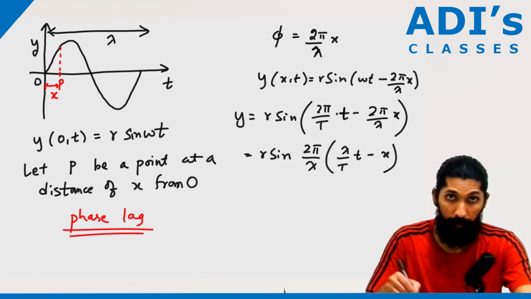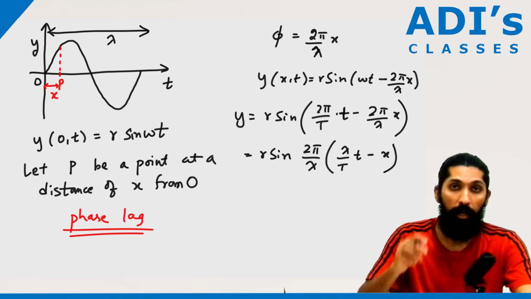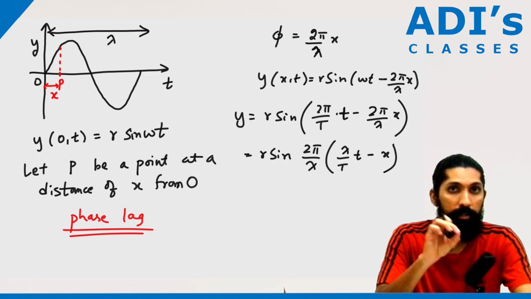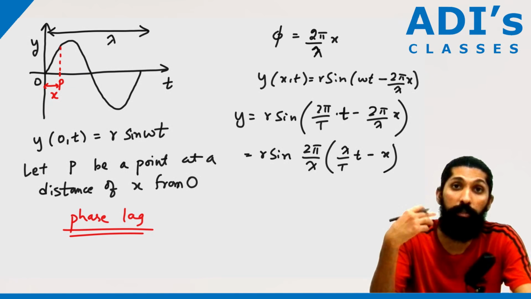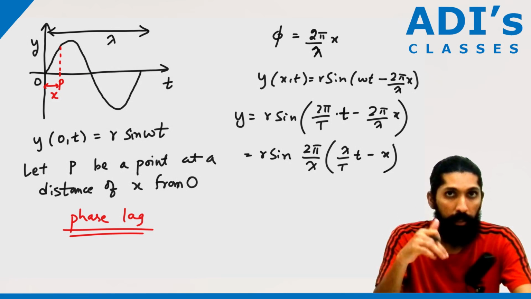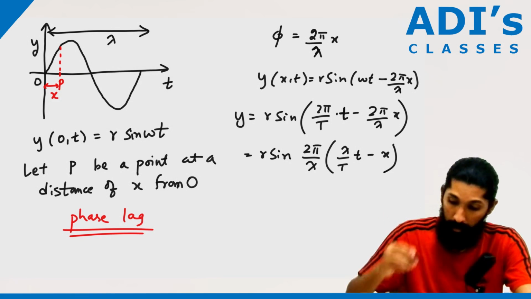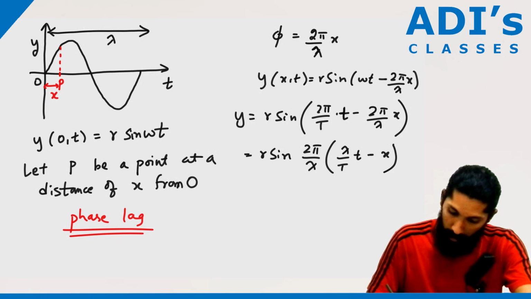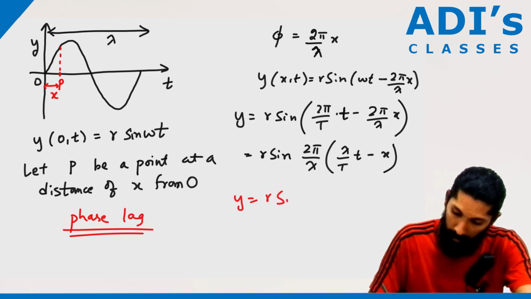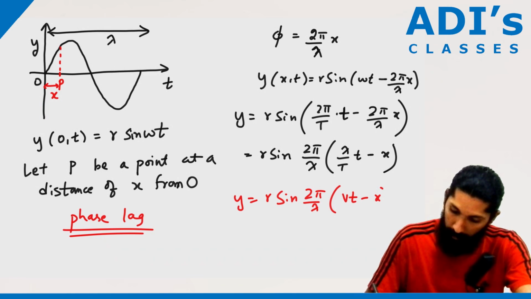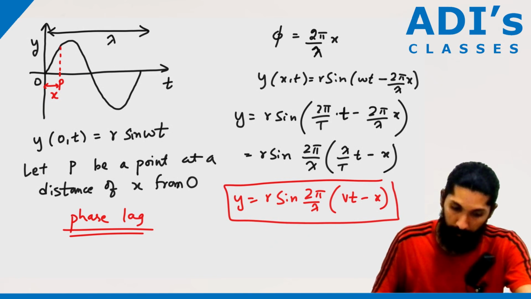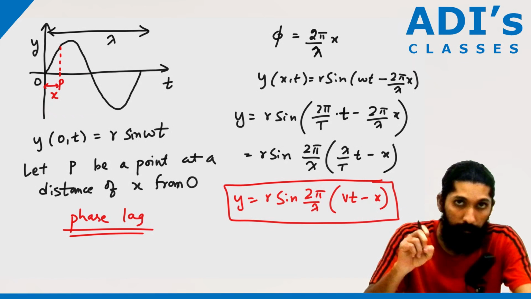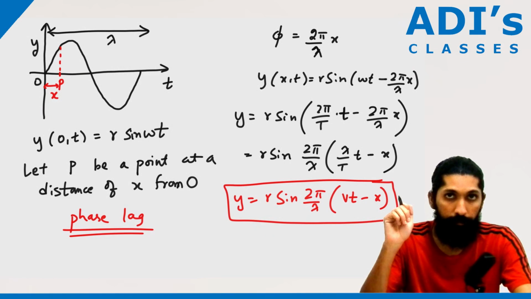Correct? Lambda is the wavelength, T is the time period. Wavelength by time period gives you the velocity. That means here we get y is equal to r sine 2 pi by lambda into vt minus x. This becomes one of the equations for a progressive simple harmonic wave.